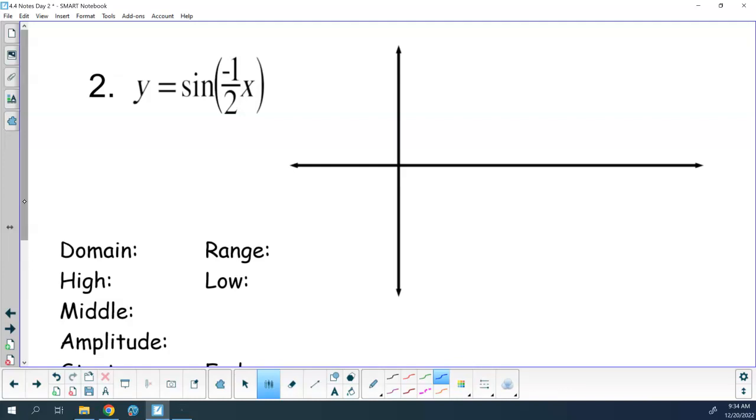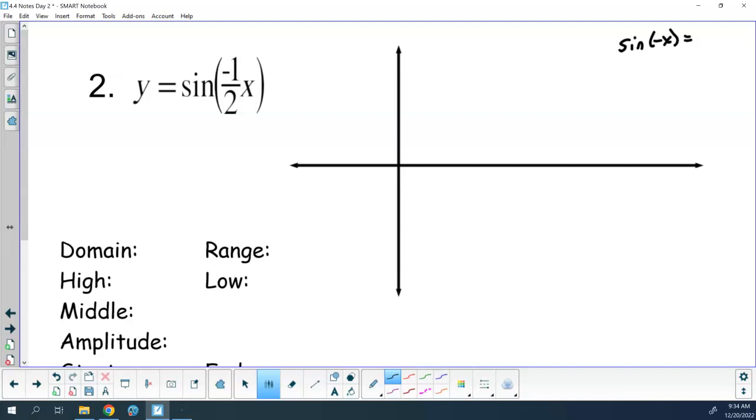Okay, so on your identity sheet, your pink identity sheet, what's the sine with a negative identity? You know, where we said sine of negative x is equal to what? 1 or 2, I think.